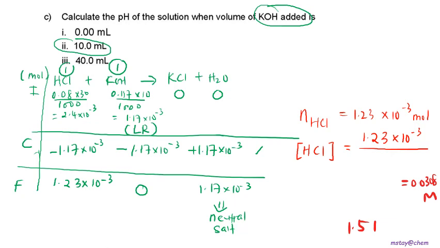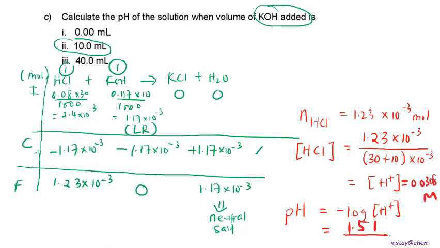Total volume now: initially there is 30 ml of HCl, then now we add another 10 ml of KOH. Then the concentration of HCl will equal the concentration of H+, because HCl is a monoprotic acid. Then you can calculate the pH value using the formula negative log of the concentration of H+. Press the calculator. This is the pH value that you obtain.